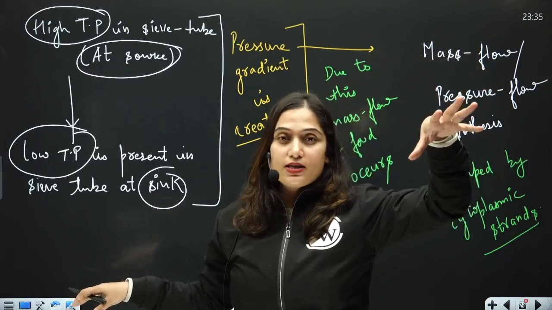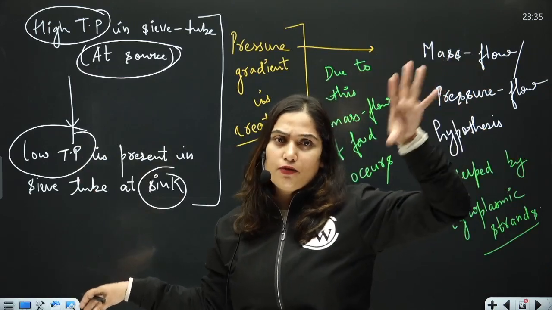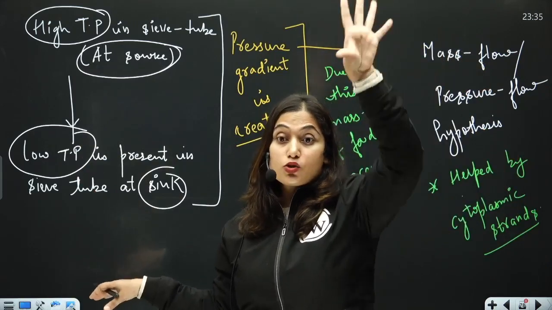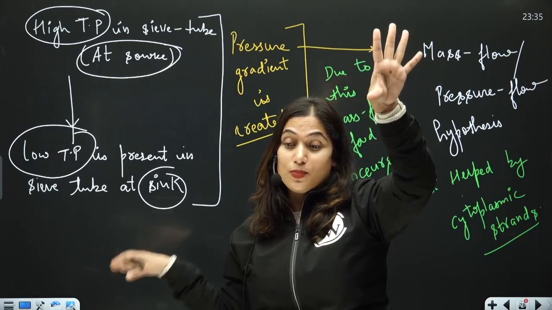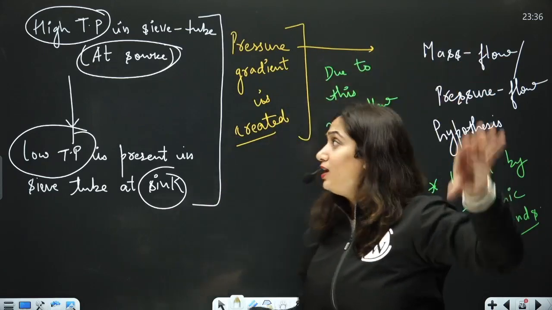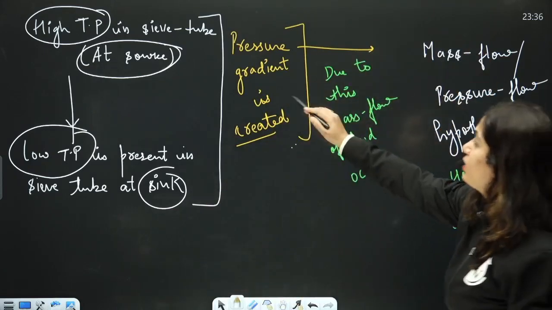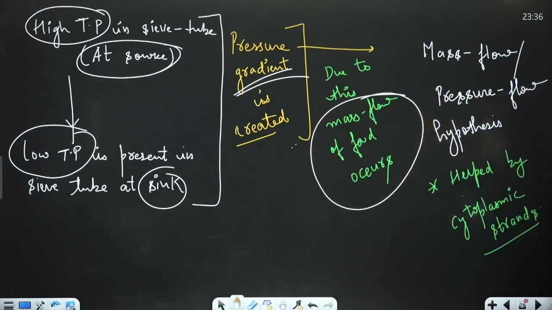That can change in other cases, but I am exemplifying with the help of leaf and root, right? So at the source, the turgor pressure is high in the sieve tube, but at the sink in the root, the turgor pressure is low in the sieve tube, and you have created a pressure gradient. Due to this, mass flow of food occurs, and this is called the mass flow or pressure flow hypothesis.